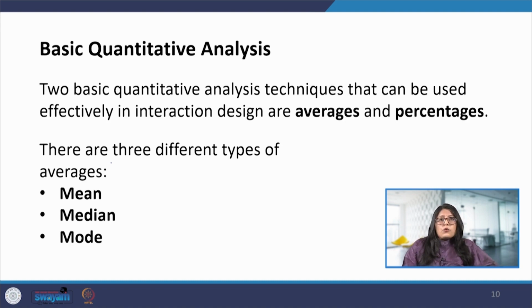So, two basic quantitative analysis techniques that can be used effectively in interaction design are averages and percentages. Percentages are useful for standardizing the data, particularly to compare two or more sets of responses. There are three different types of averages, and using the wrong one can lead to some misinterpretation of the results.